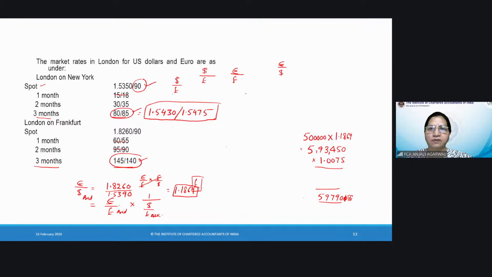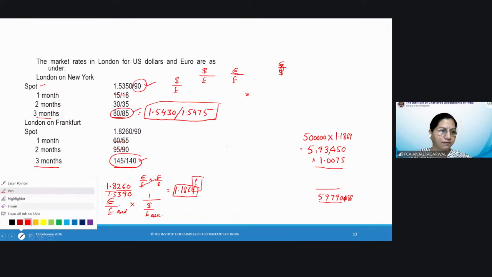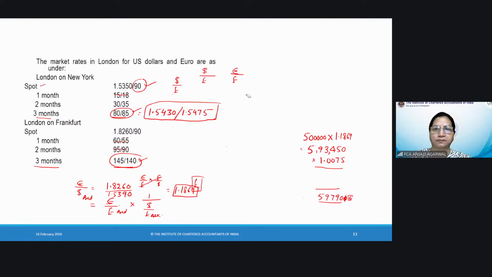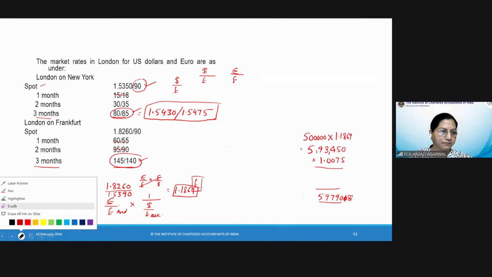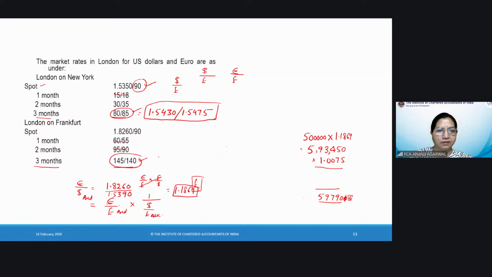So this will be equal to, first, let's calculate the 3 months forward rate. 1.8260 minus 145.